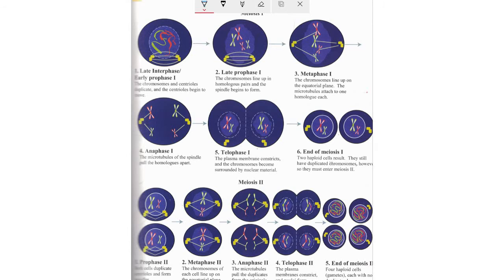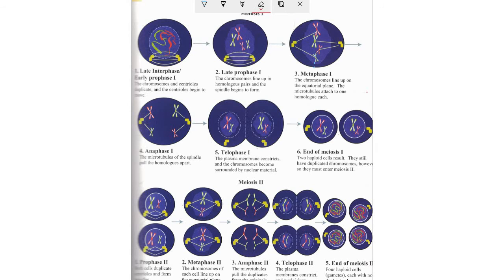They've duplicated and they are lining up in their pairs, and the spindle is beginning to form. Okay, then what happens in metaphase 1 is they do line up in the middle, just like we had seen before. They line up in the middle.